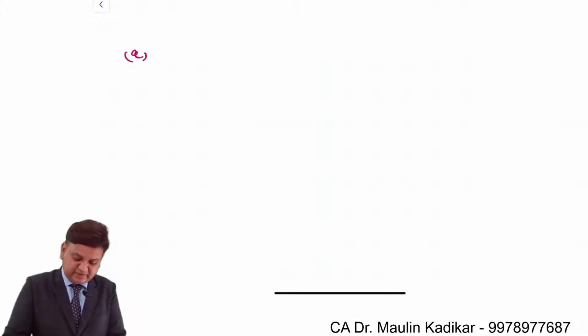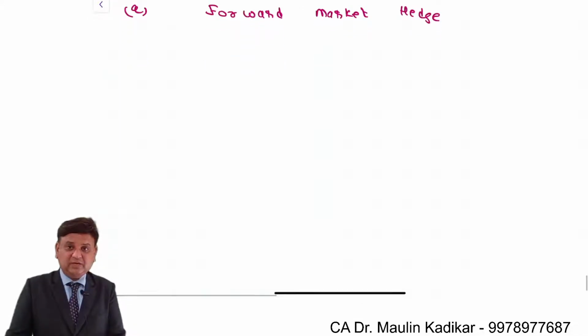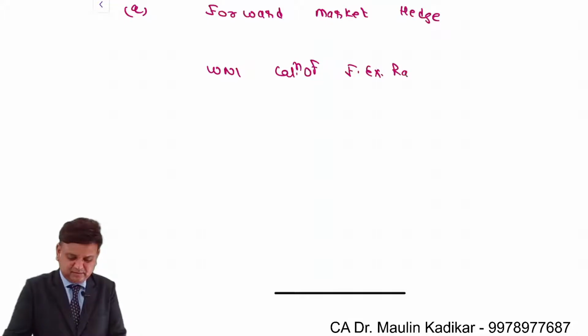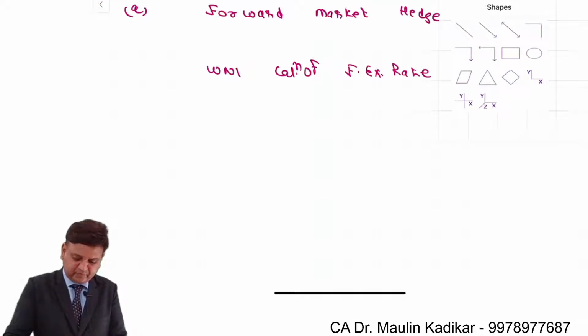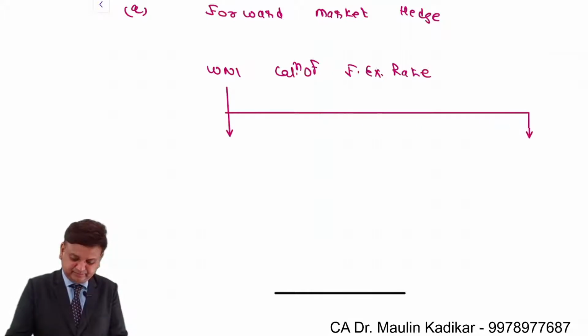In the answer, write down forward market hedge. In that, write down working note number 1: calculation of forward exchange rate for a time period of 1 month and for a time period of 3 months.